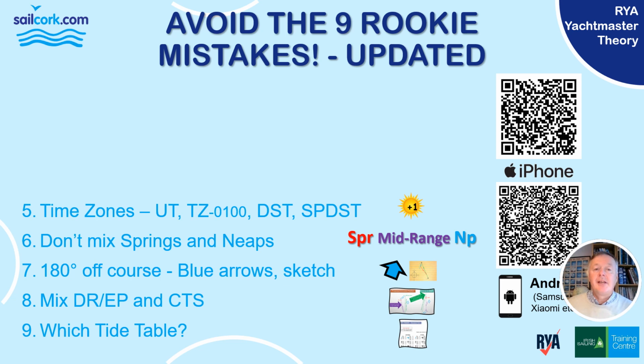Watch your time zones. You're dealing with 4 time zones, so just be clear where you are. Are you in UT, which is no adjustment? And remember, Victoria tide tables are on UT, as are all the Northern Peninsula tide tables, but the Southern Peninsula tide tables are TZ minus 100, and that's the winter time for Southern Peninsula.